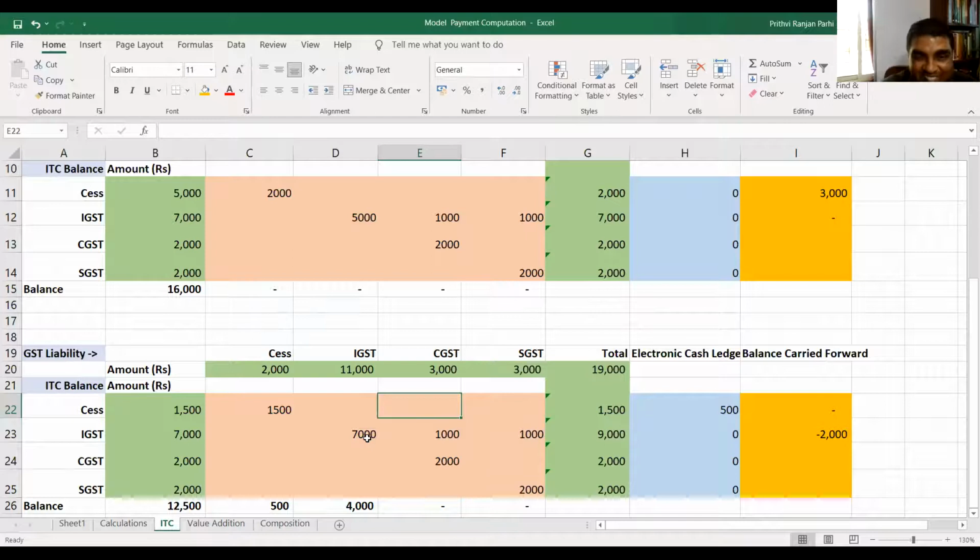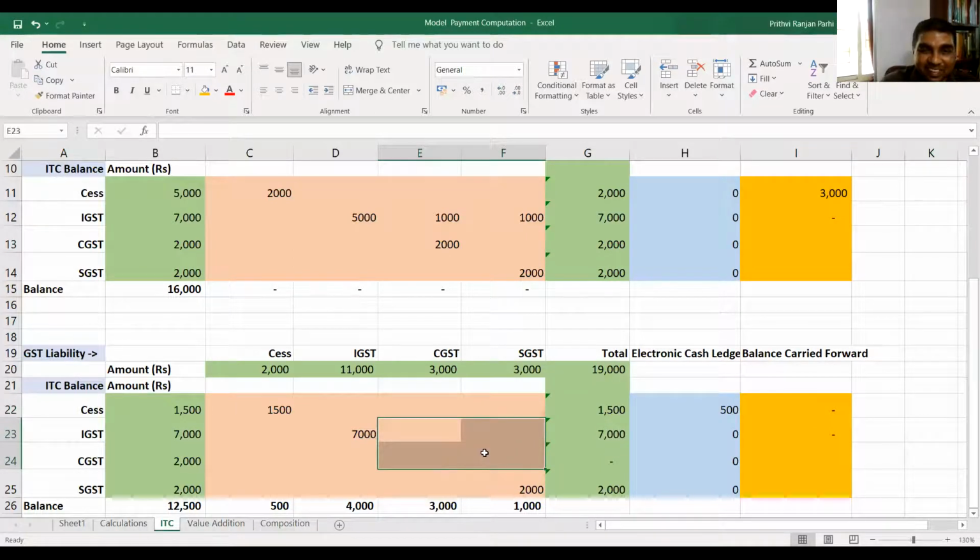What will I be doing? I got CGST 3,000, SGST 1,000. How will I be paying? So we have to pay the IGST through cash. Why? I got CGST ITC.